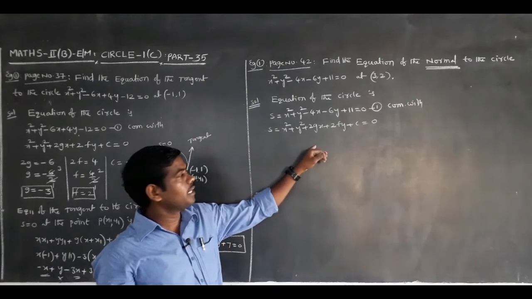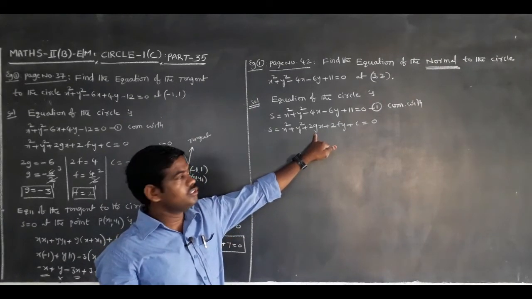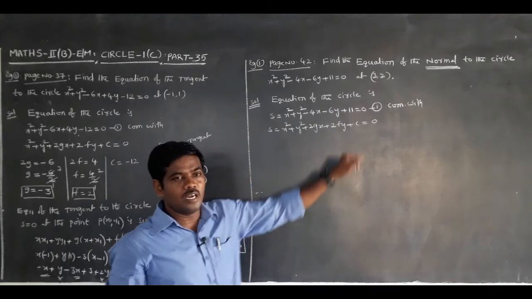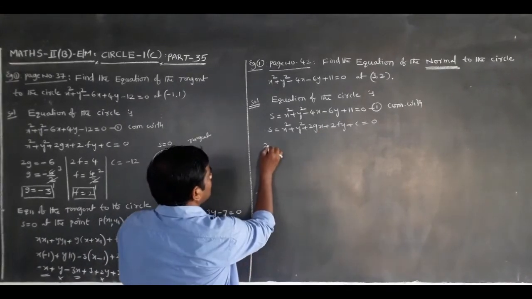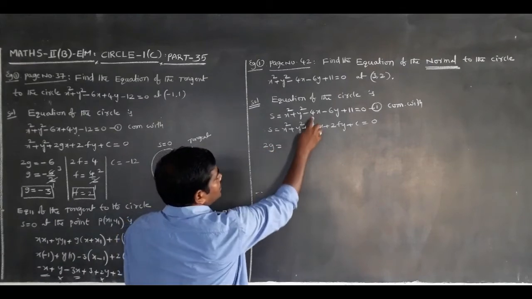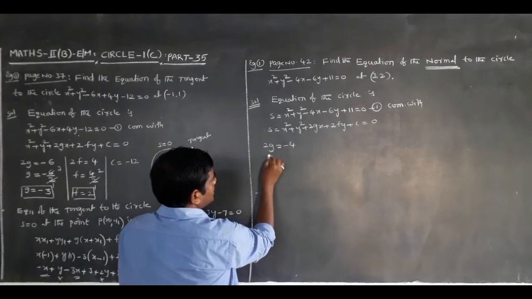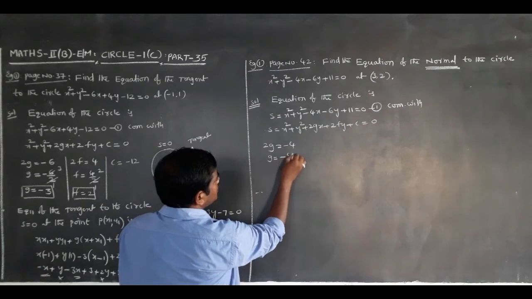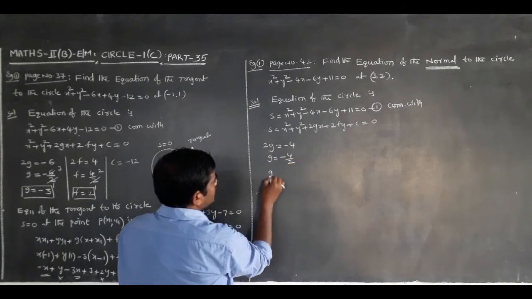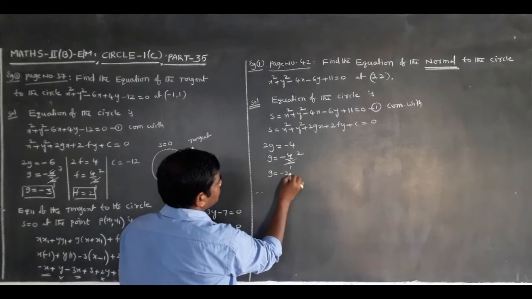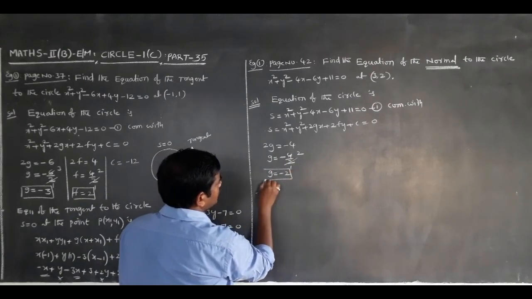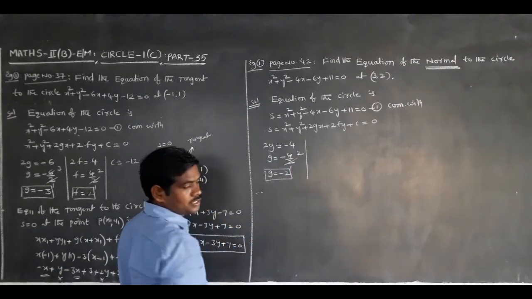Here find the values g, f and c. Here x coefficient 2g is equal to minus 4, so g is equal to minus 4 by 2. Two ones are two, two twos are four. g is equal to minus 2.